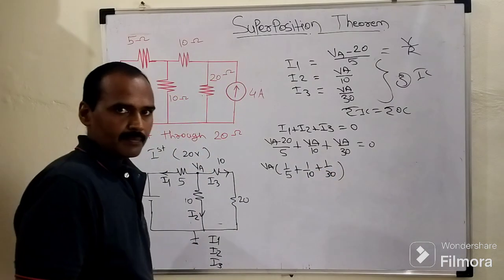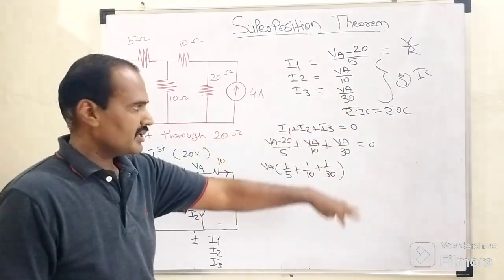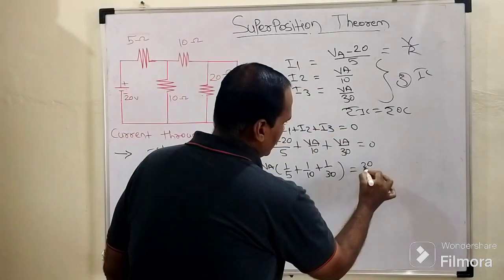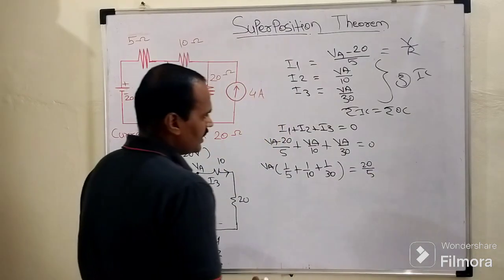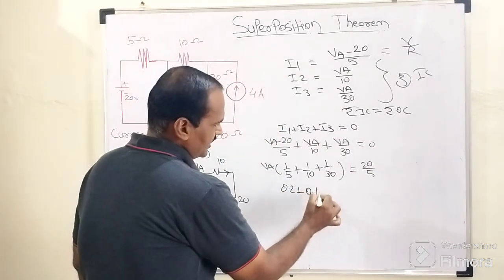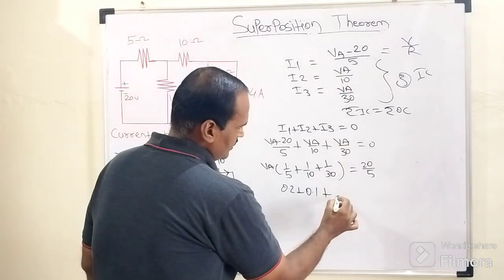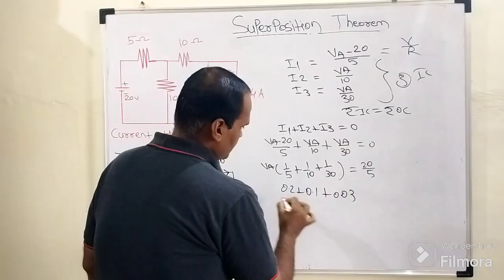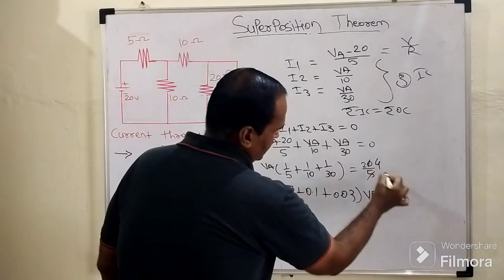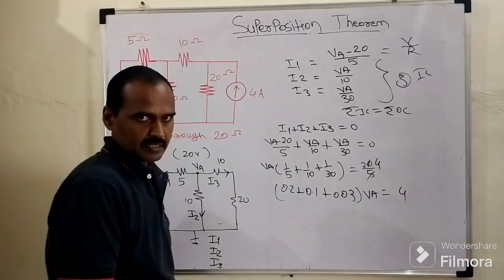The remaining term, minus 20 by 5, is shifted to the right hand side of this assignment operator. As a result of shifting, it becomes plus 20 by 5. So it is 1 by 5, obviously 0.2, 1 by 10, 0.1, 1 upon 30, 0.03, times VA equals 5 4s are 20, equals 4.